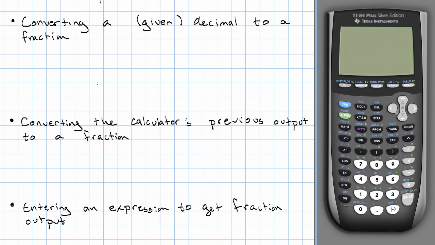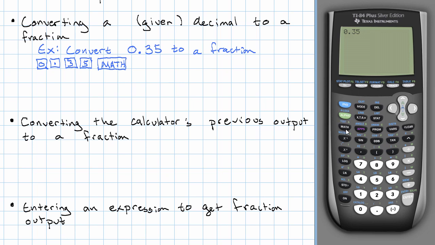This will usually be the result of some computation that we did earlier, or we're in a situation where we have a mix of decimals and fractions, and we decide that life will be simplest if we make everything into a fraction. To convert a decimal to a fraction, say, to convert the decimal 0.35 to a fraction, well, we enter the decimal into the calculator, and then we press the math key.